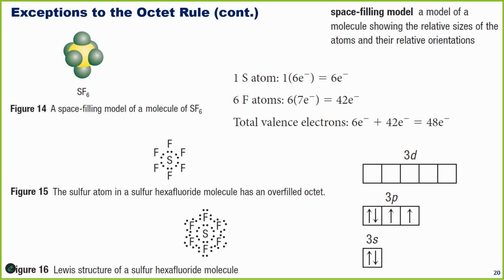So we have total valence electrons equals 48, right? And figure 14 shows the arrangement of electrons around the sulfur atom in sulfur hexafluoride.